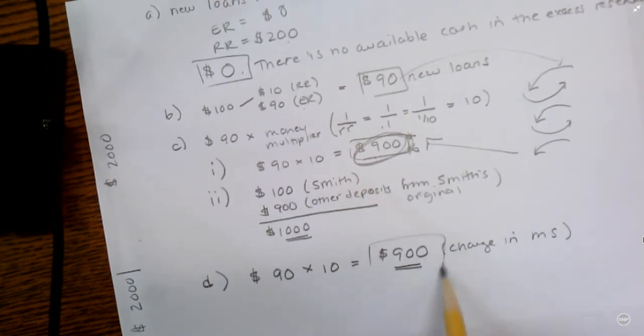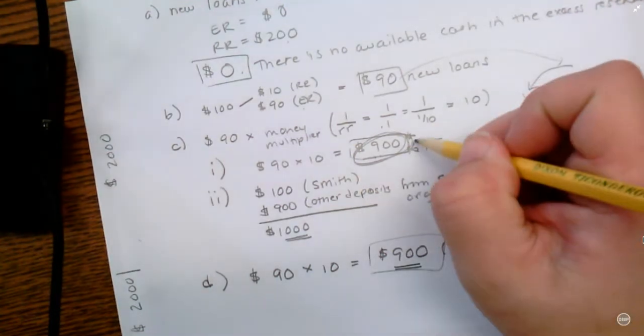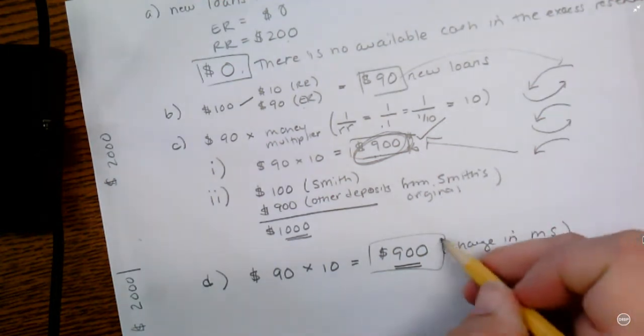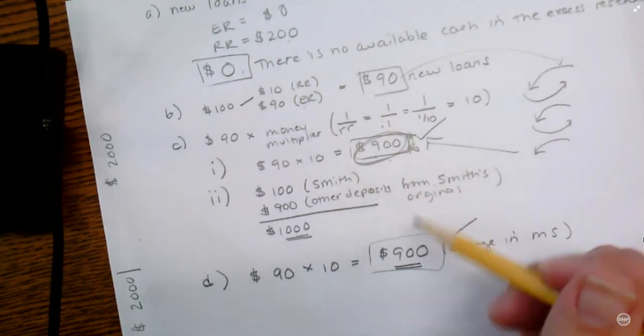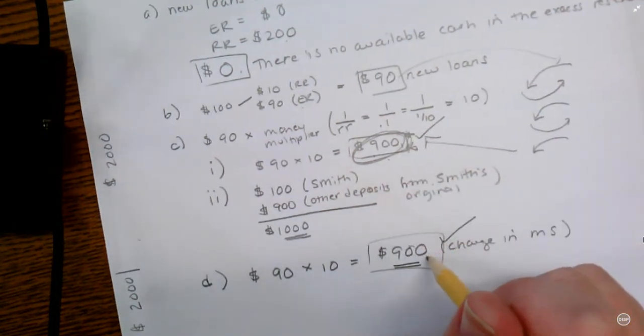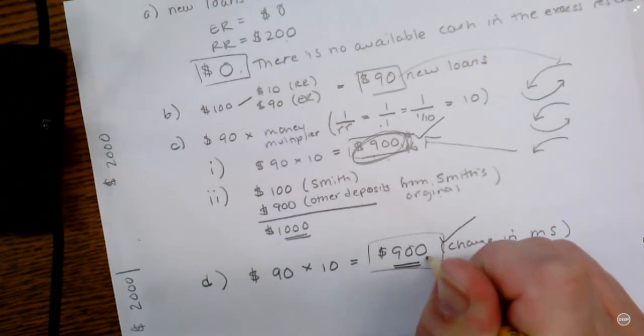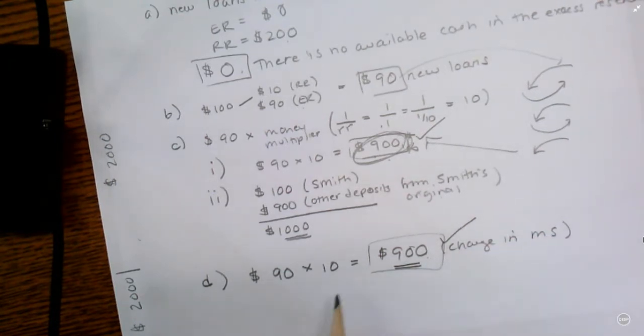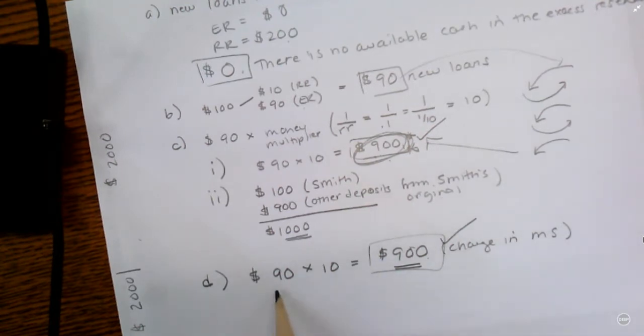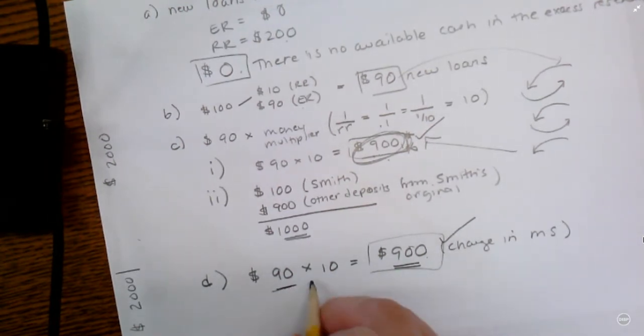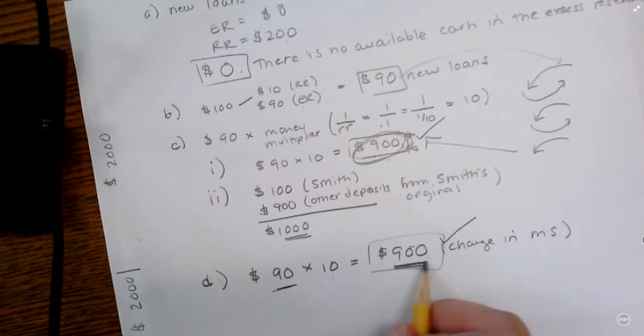A lot of kids struggled with the fact that $900 was an answer here and here, and they started to second guess themselves. Don't second guess yourself. Do it the way you're supposed to do it. How you figure out the change in the money supply is that you figure out the excess reserves that they can loan out times the money multiplier gives you 900.